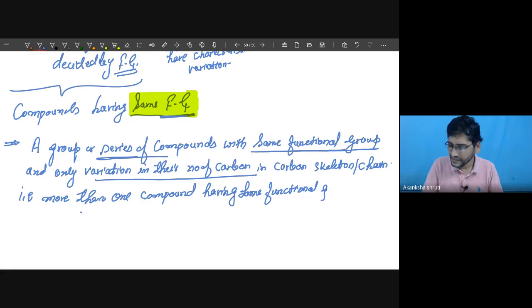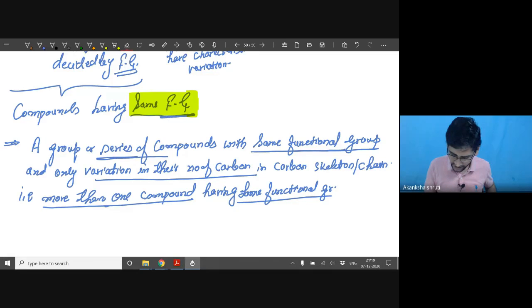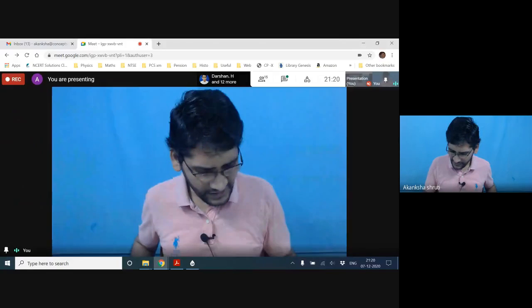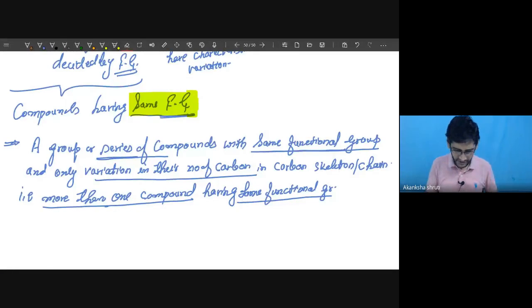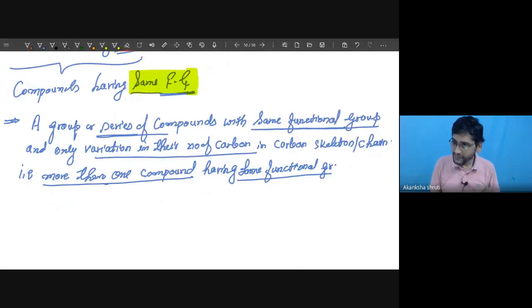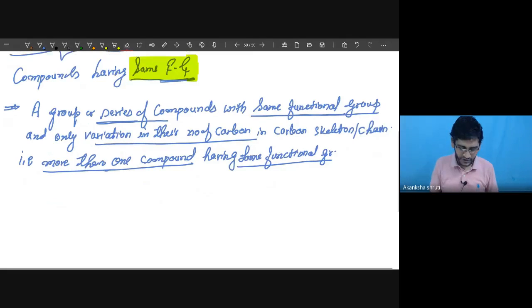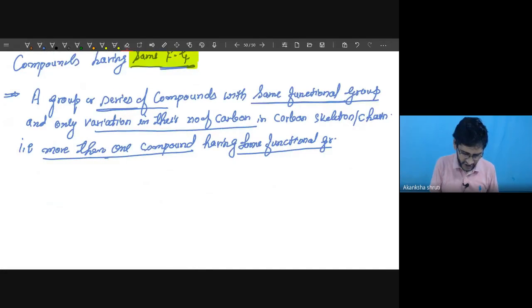This is the key feature for detecting it. The same functional group has to be met, but we need to take more than one carbon compound to compare whether they belong to a homologous series or not. So this way we have to write an example, since a homologous series is possible for each functional group.